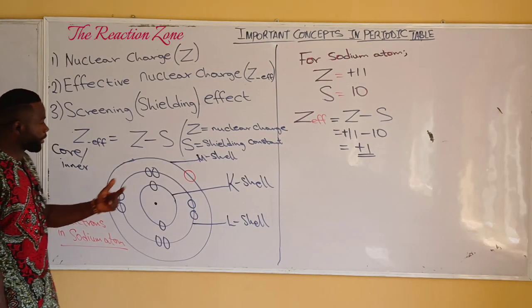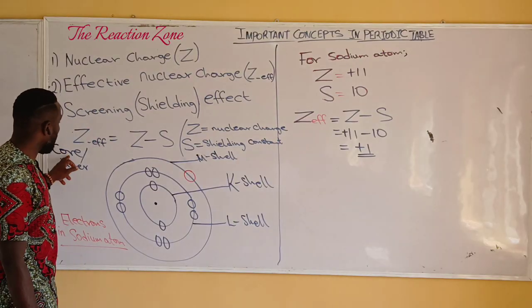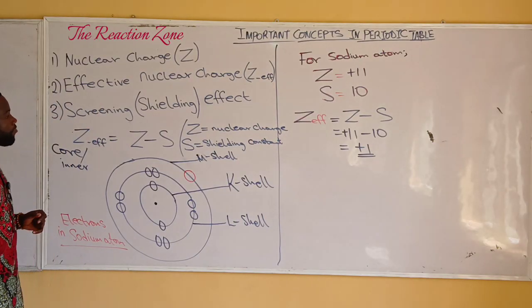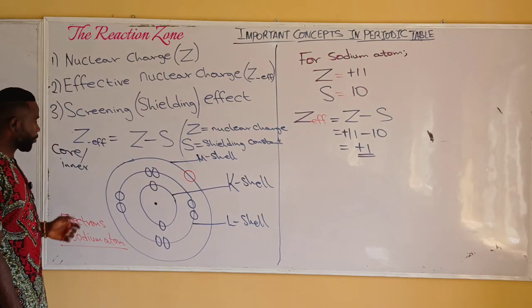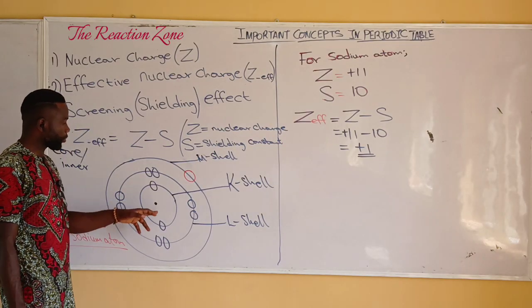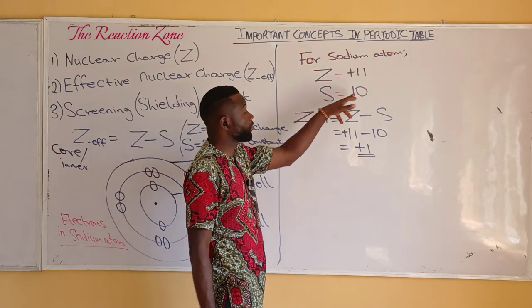Since the electrons in the K shell and the L shell represent the core or inner electrons, the shielding constant for a sodium atom will be 2 plus 8, which is 10. So the value of S for a sodium atom is 10.